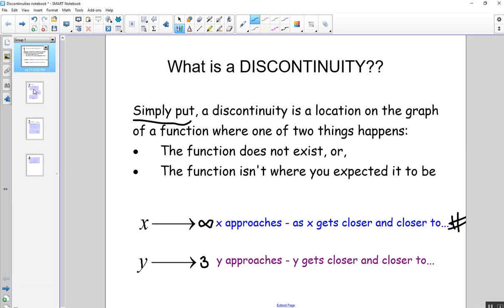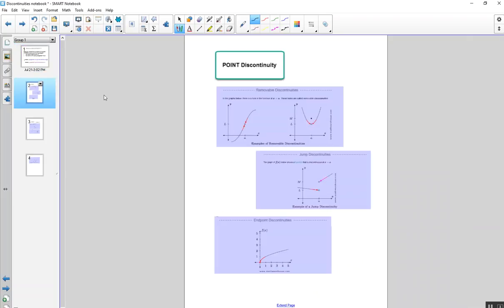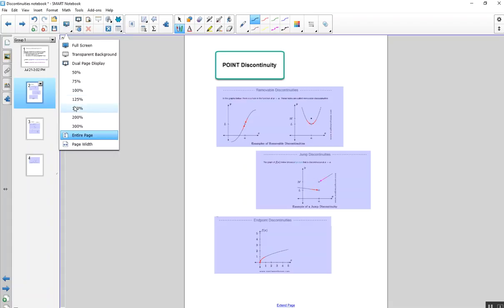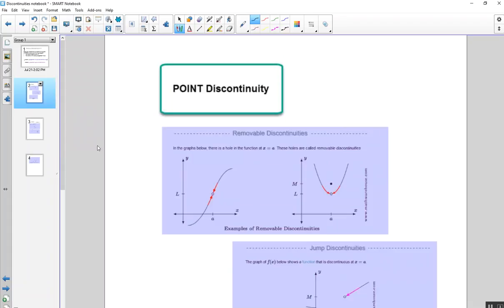All right, let's look at discontinuities. On this page, we're going to look at what are called point discontinuities, and I'll zoom in a little bit so we can see what's going on. A point discontinuity is a point on the graph where there's either a hole in the function, which means the function is missing. There's a little gap at a certain point on the graph.